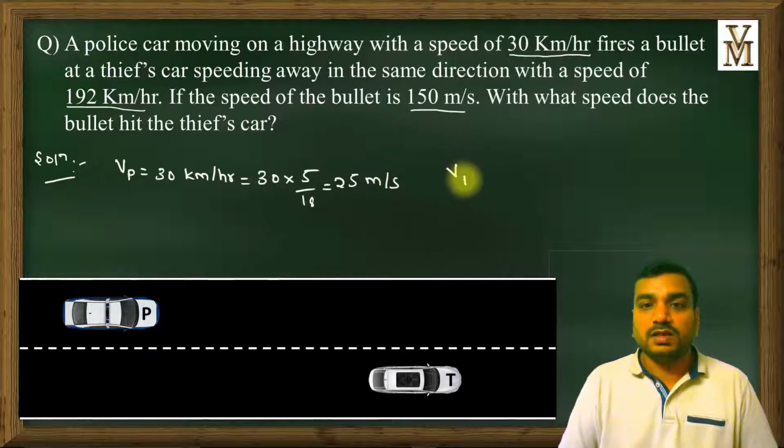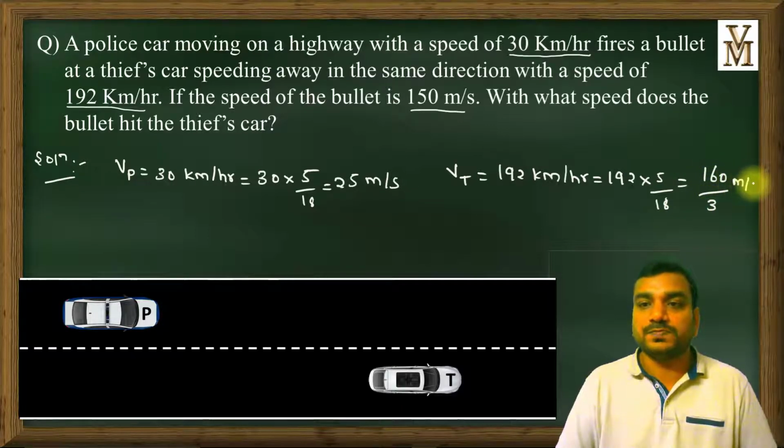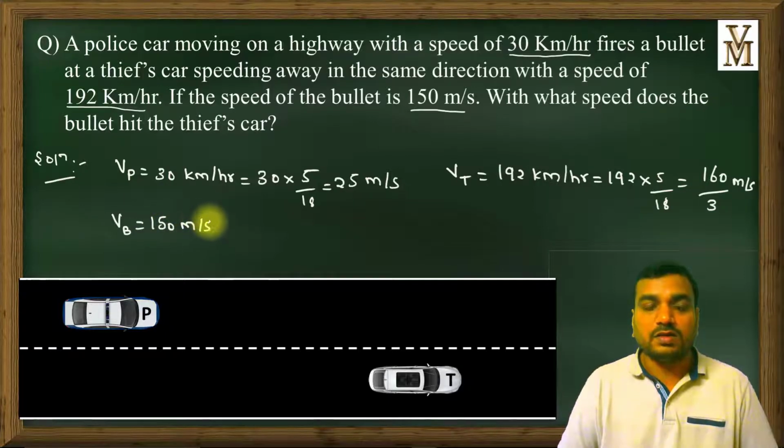Next, the speed of the thief's car is given, and it is equal to 192 kilometer per hour. Let us convert this into meter per second: 192 into 5 by 18, which is almost equal to 160 divided by 3 meter per second. Now the speed of the bullet is also given, it is equal to 150 meter per second.